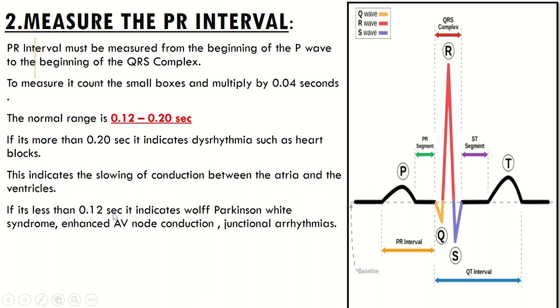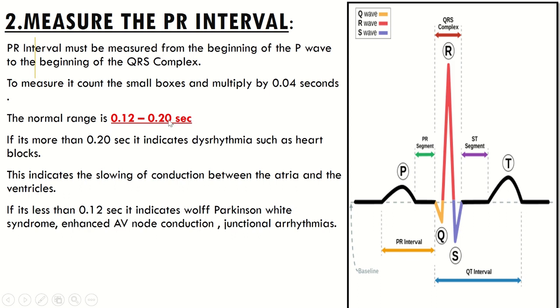If it is less than 0.12 seconds, it indicates Wolff-Parkinson-White syndrome, enhanced AV node conduction and junctional arrhythmias. So there are some disease conditions where it will be less than 0.12 second, and some where it will be more than 0.2 seconds.